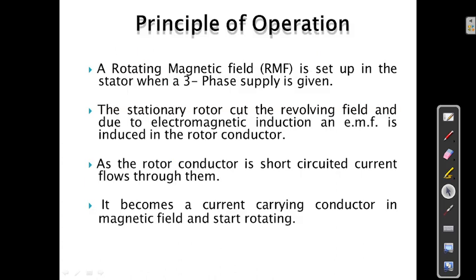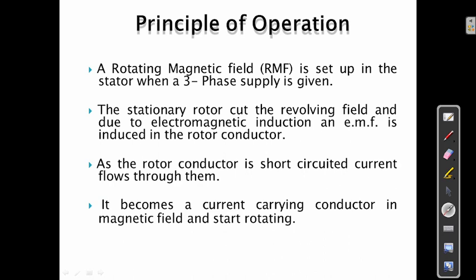See the principle and operation of the motor. The rotating magnetic field, RMF, is set up in the stator when the three-phase power supply is given. If you give the three-phase power to that stator, then the rotating magnetic field RMF is produced in that particular induction motor.